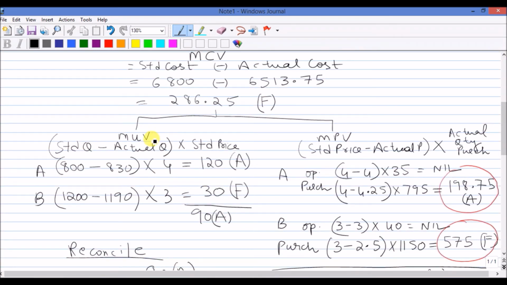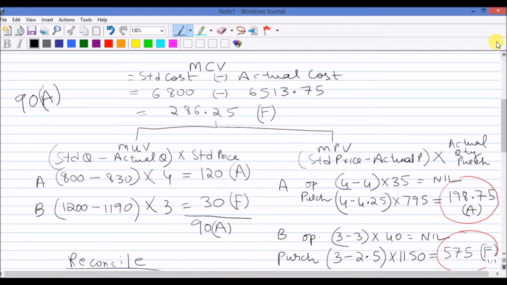Now material usage variance is 90 adverse. So 90 adverse, I'm keeping it here. So we're going to subtract it. We are going to find it further. I'm rubbing this part.